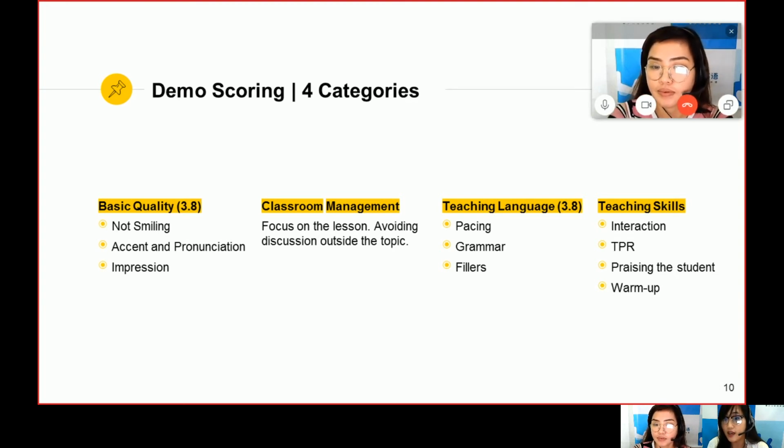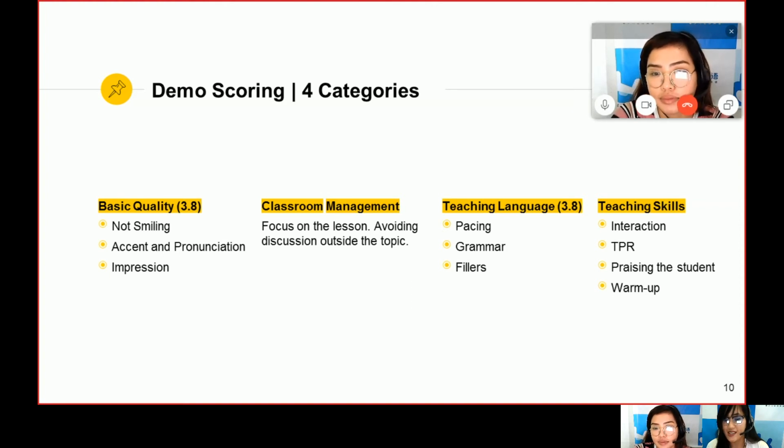You can have a fast pacing if the student is intermediate or high understanding, a fast learner. You can use normal pacing if they are an average student. But never use a fast pacing with a beginner. You will know the level of the students during the rapport or the introduction.